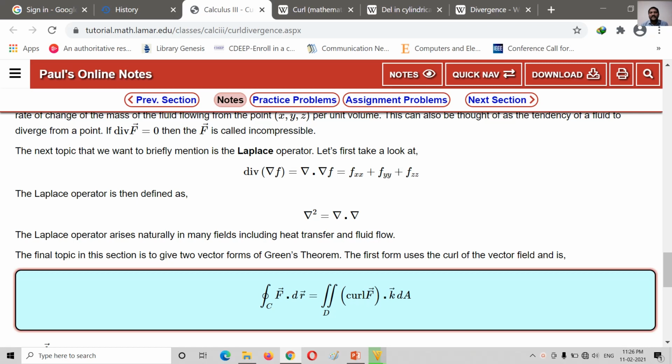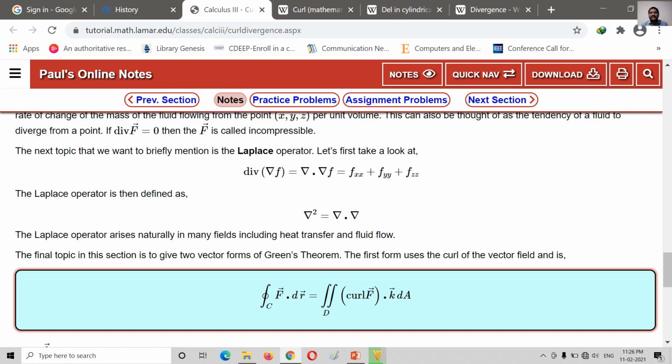So the result will always be a vector quantity. If the curl of a vector is equal to 0, then we can say the given vector field is an irrotational field.